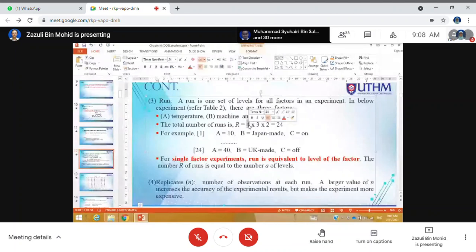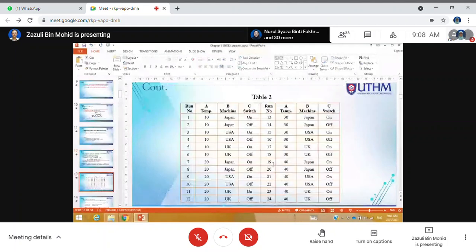So 4 times 3 times 2, we have 24. So in total in this experiment, we have to conduct 24 experiments. So when we arrange it in a table before the experiment, we will have a total of 24 trials.